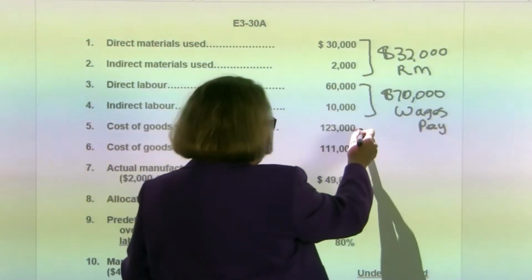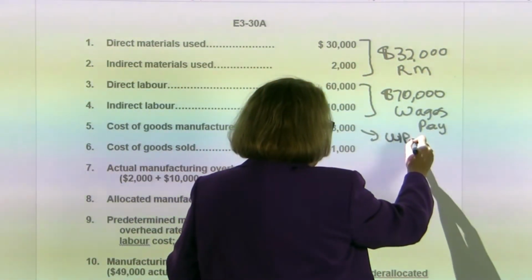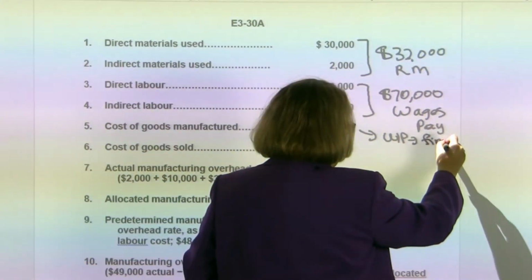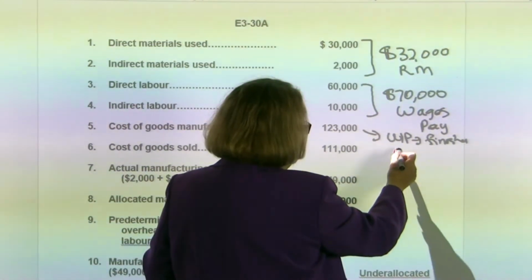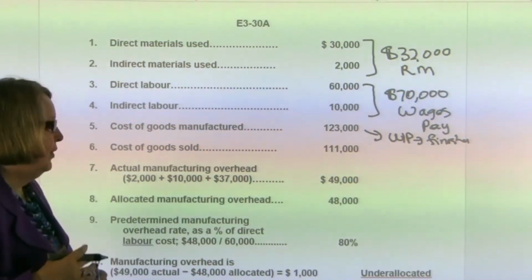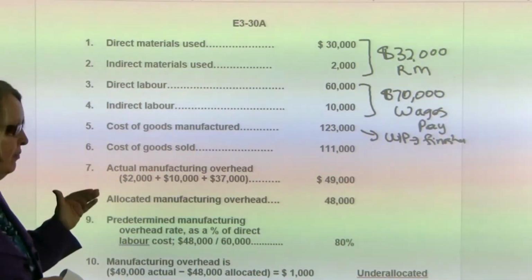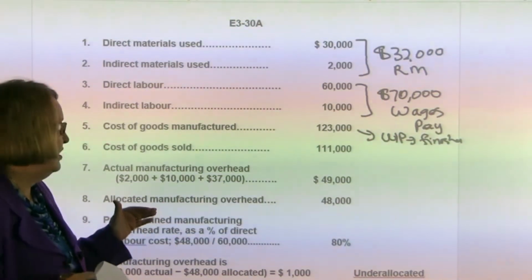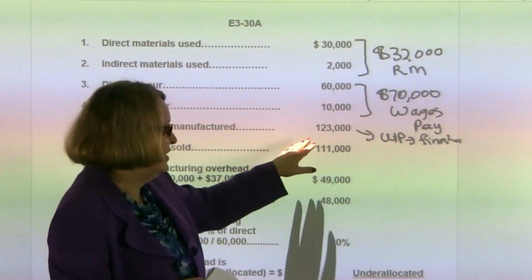What happens is when your work in process is finished, you're going to move it over from your work in process, because if it's finished, you don't want to leave it in that account. What you do is move it over into your finished goods. So the cost of goods manufactured is the 123,000.